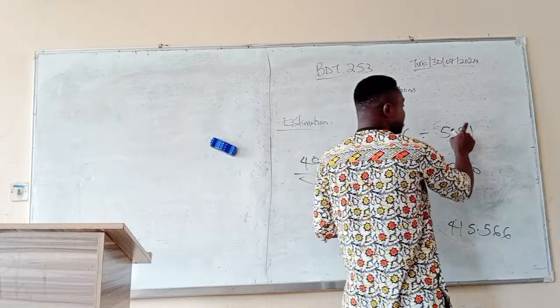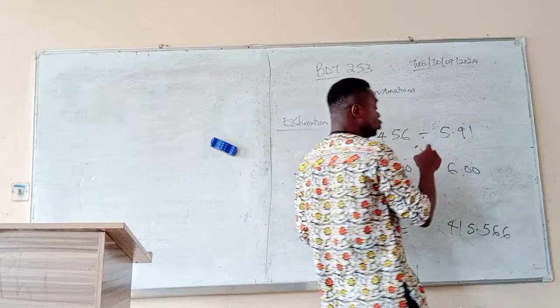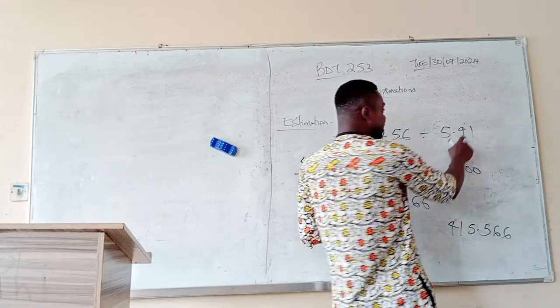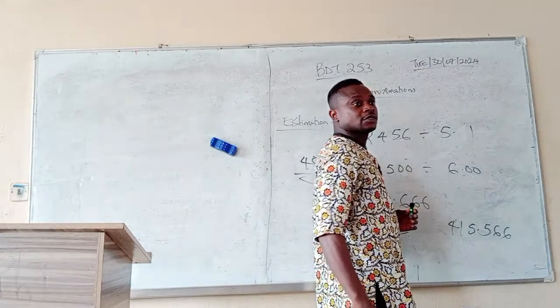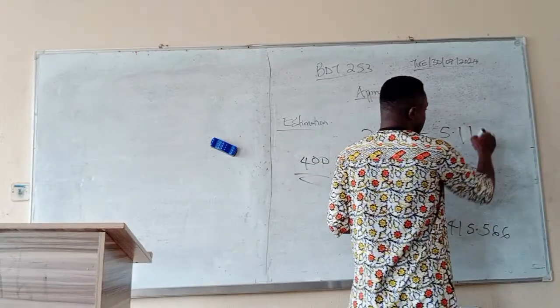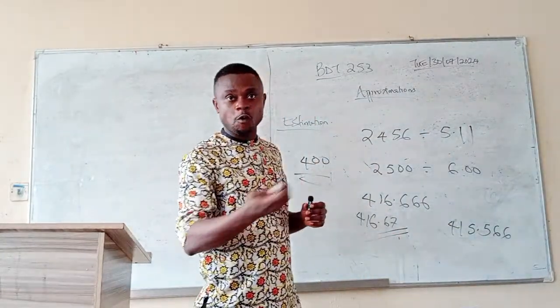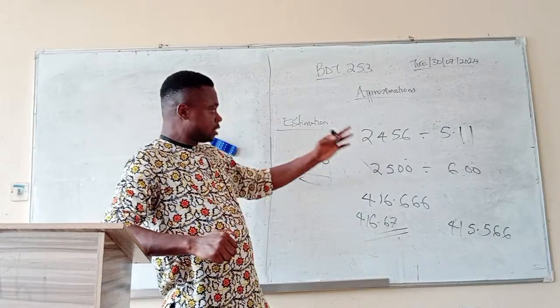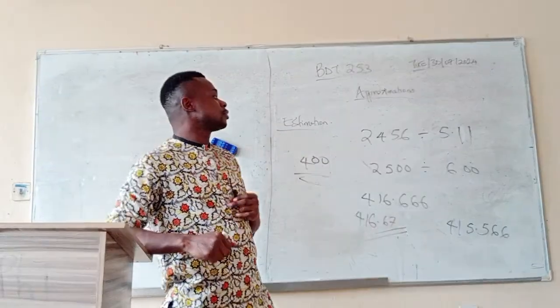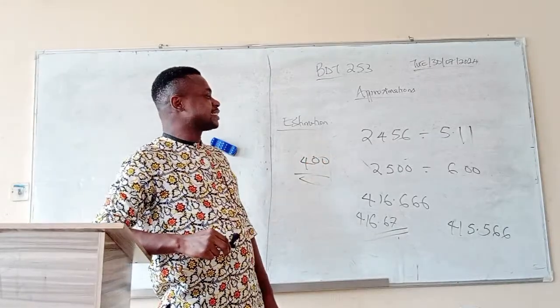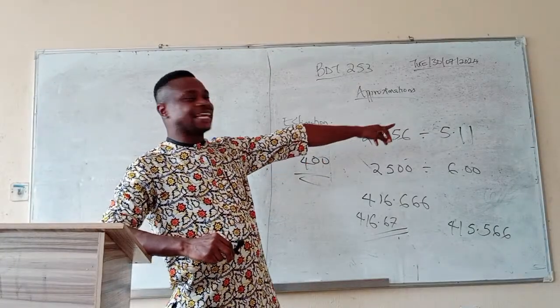I'm giving another number now, so you understand where I'm going. Let's assume here is 5.11. I can look at this and ignore the 0.11.